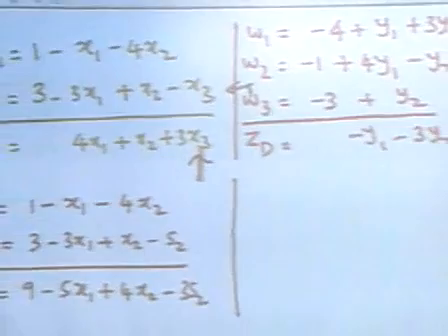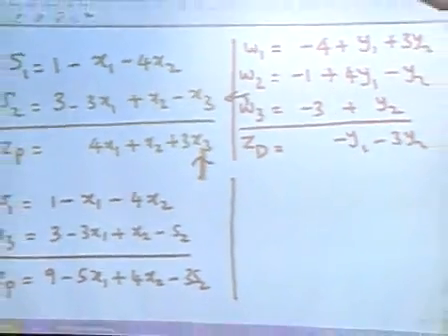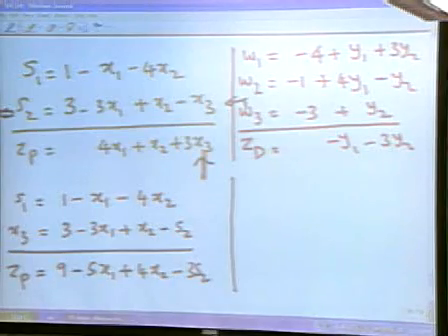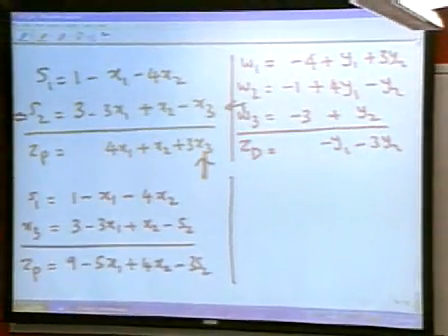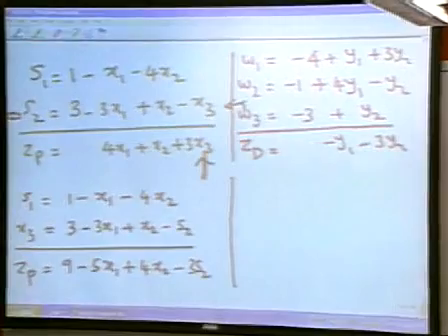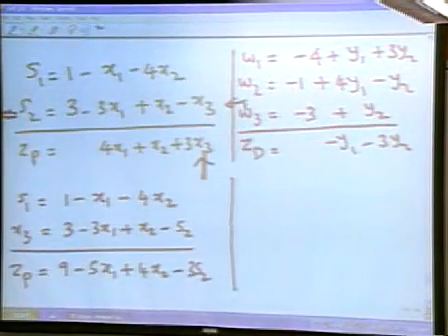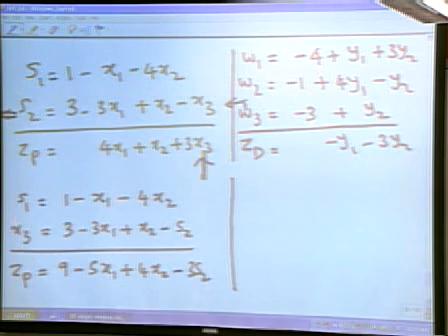And what could enter the basis? Y2. Because we know that S2 now left the basis here, so Y2 could assume any value. So it seems like Y2 should enter the basis and W3 should leave.